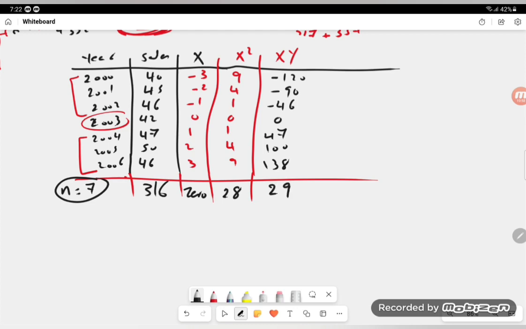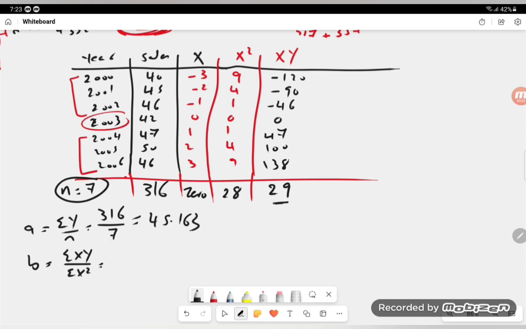Now we would like to find the values of a and b. A is calculated as summation y over n. Summation y is 316 over n, which is 7. So a equals 45.163. And with respect to b, it's calculated as summation xy over summation x squared.